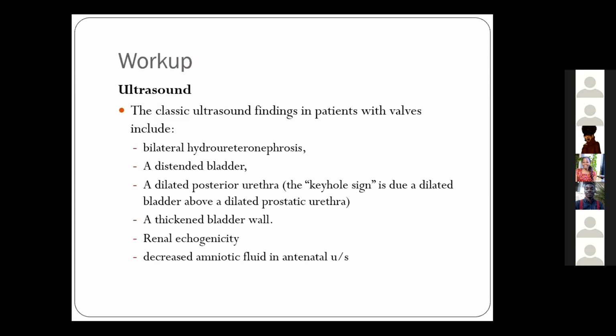You remember we have gone through it, and we said it is due to the dilated bladder above and the dilated prostatic urethra. The bladder wall will be thickened. We also appreciated that. And of course, there will be increased renal echogenicity, and also decreased amniotic fluid if the ultrasound scan is done in the antenatal phase.